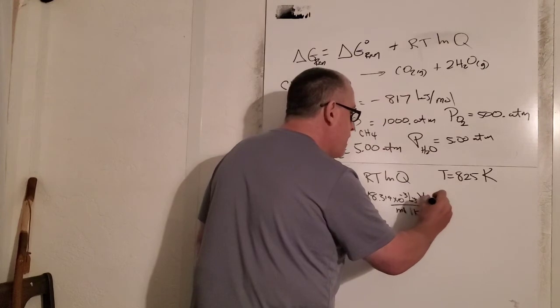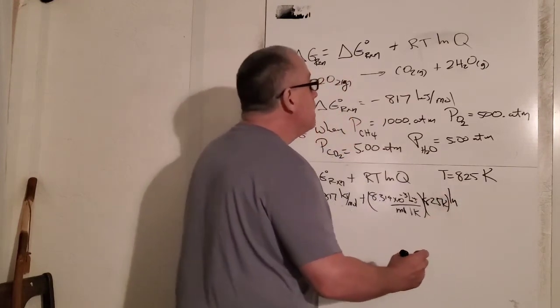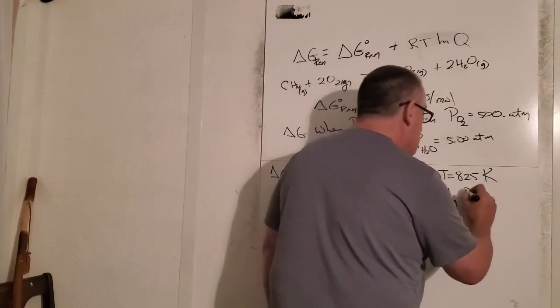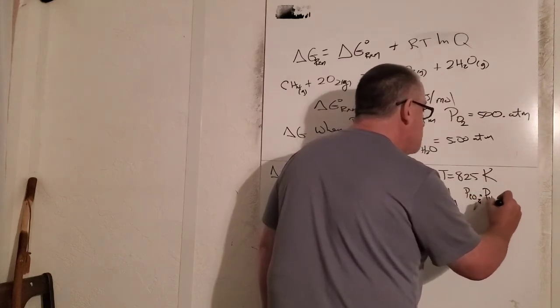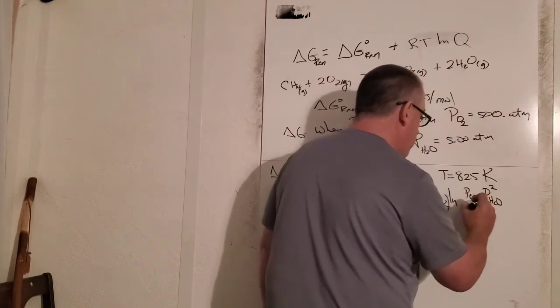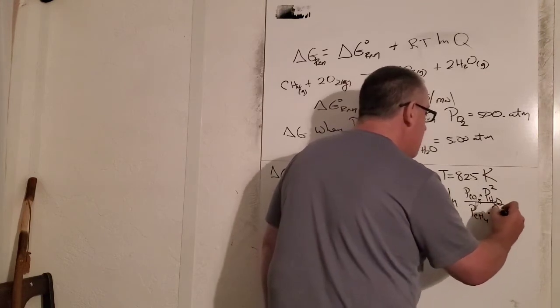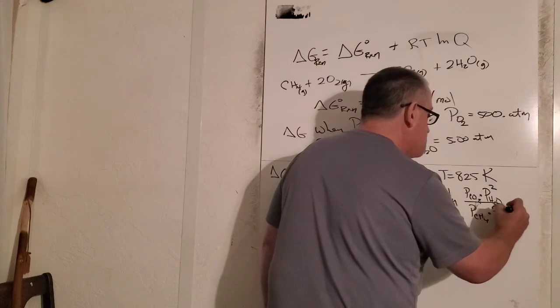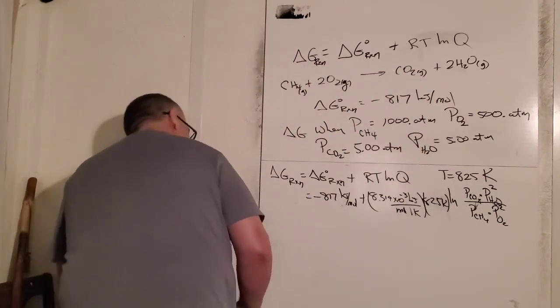But you guys know that already about me. Times the natural log of the partial pressure of the CO2 times partial pressure of the water squared over the partial pressure of the methane times the partial pressure of the O2 squared. Right?